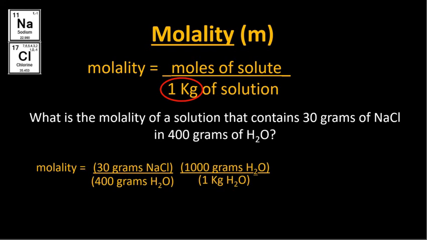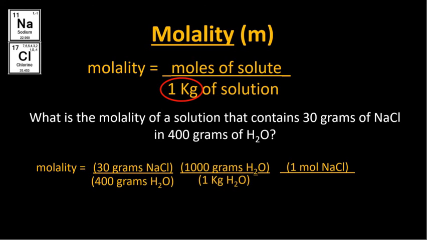Now, we have to change this 30 grams of salt, sodium chloride, into moles. So this is where we're going to need our mole ratio from last chapter. Remember, for every 1 mole of something, all you do is look at the periodic chart and add up the atomic masses.